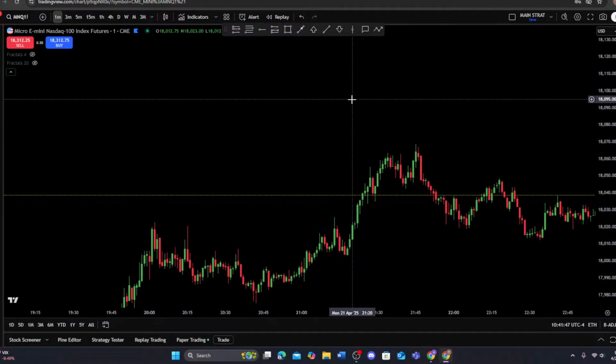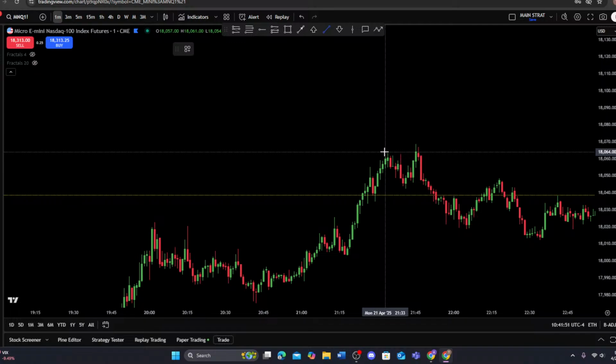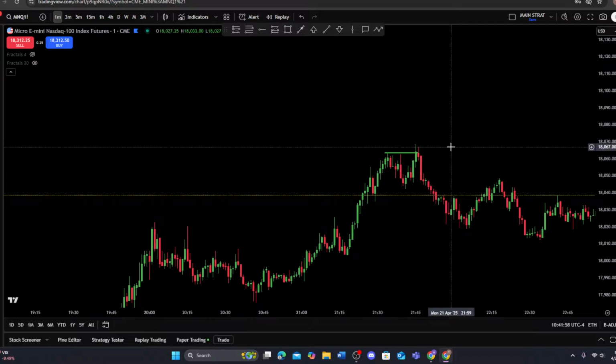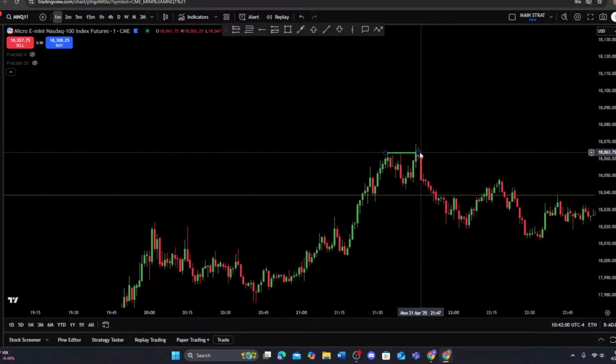Not saying that I take a trade off the breaker block, but as a form of market structure shift, and including that has really helped. And going into the charts and working it out myself has really been good.